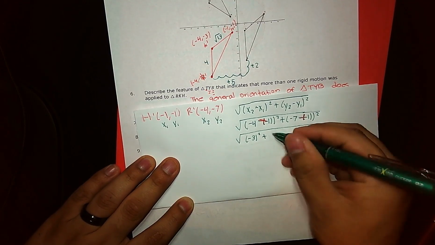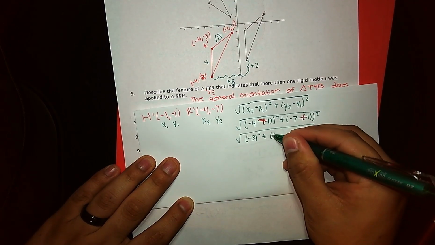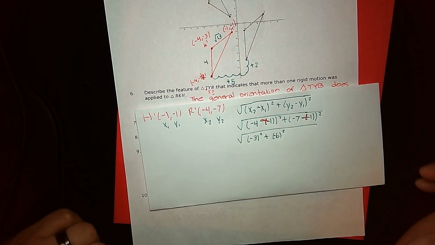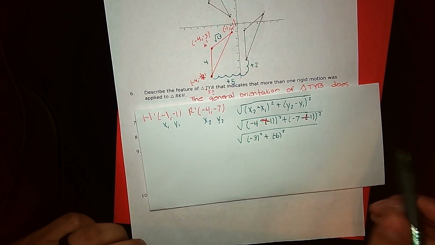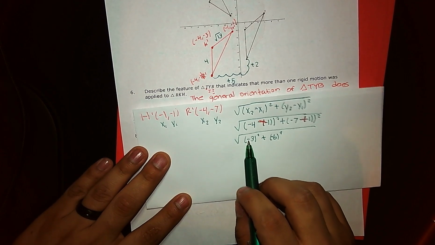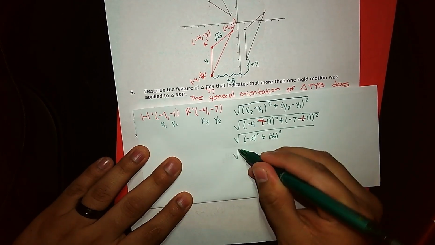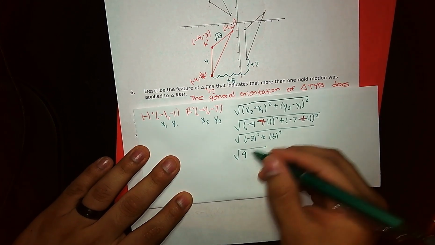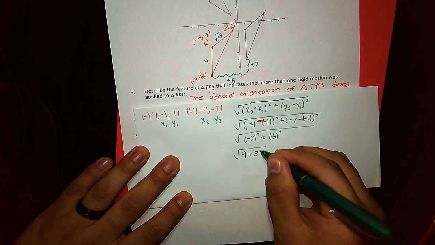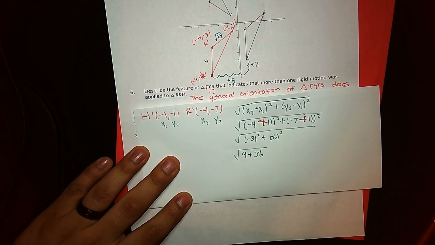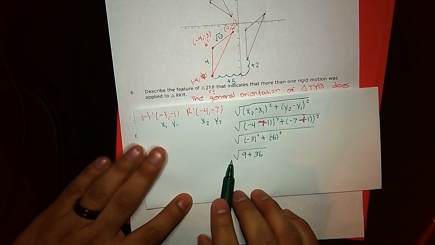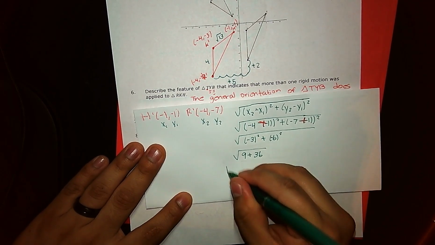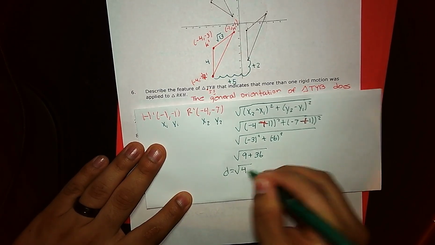So we should get plus -6 squared. All right. So -3 squared, -3 times -3 is 9. And -6 squared, 6 times 6 is 36. So 9 plus 36. All right. So we get that the distance from H prime to R prime is equal to the square root of 45.